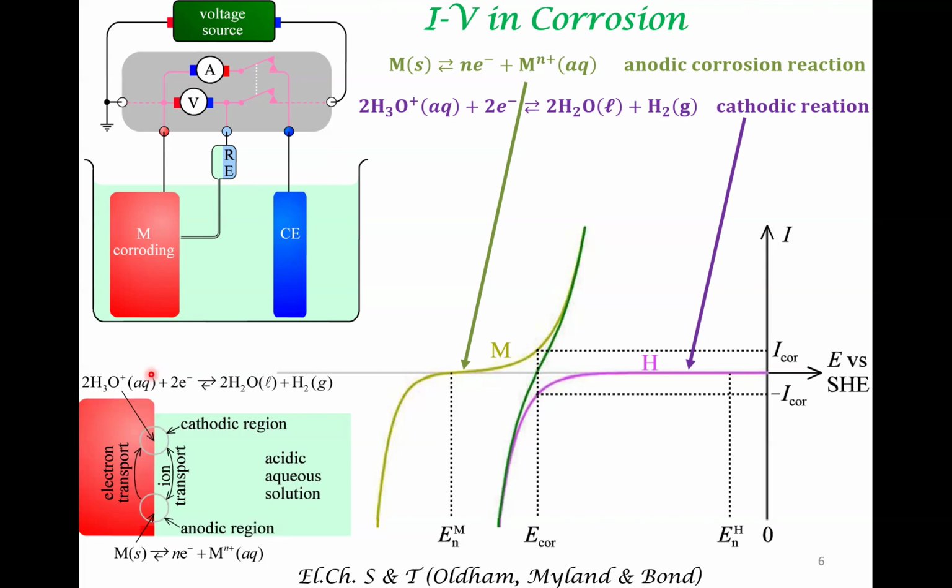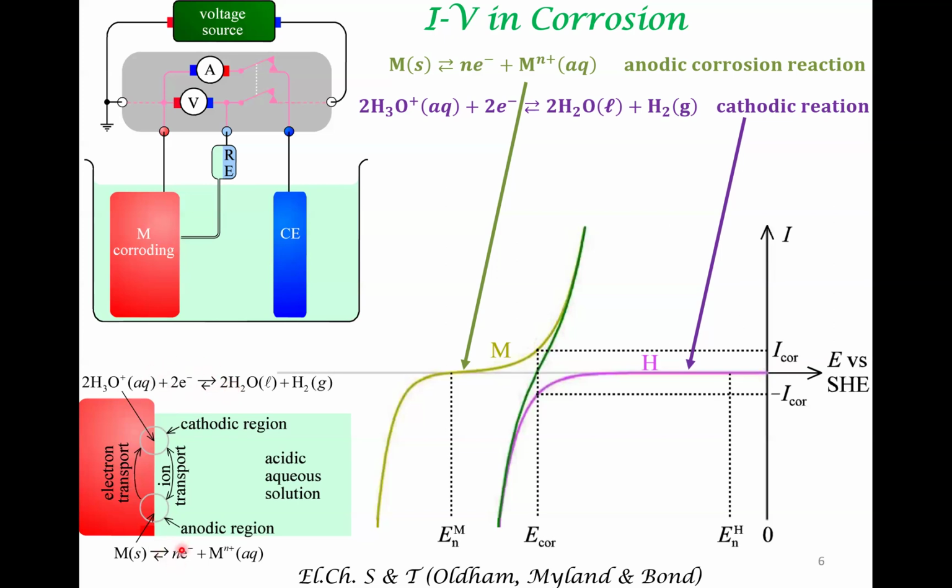At steady state, the rate of generation of electrons, that is the anodic current, should match the rate of consumption of electrons via the cathodic reaction. If this were not so, for example, when a metal starts corroding, the anodic current may be more than the cathodic current.